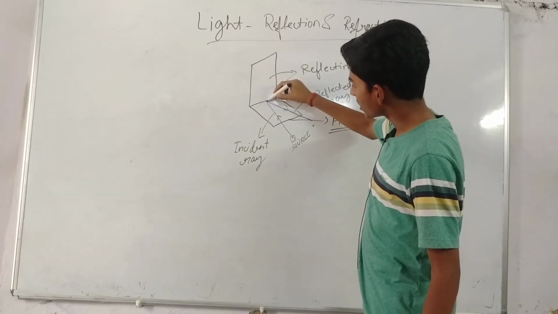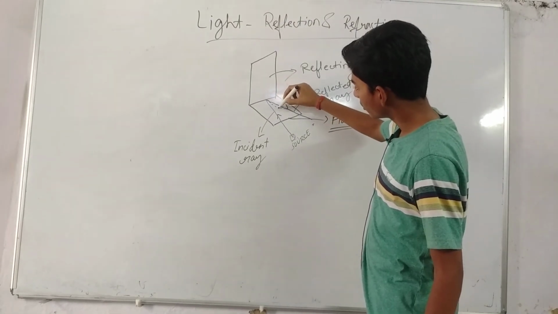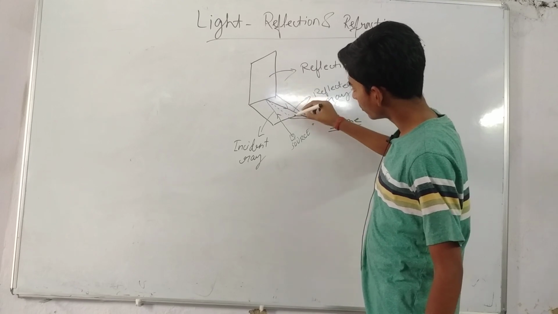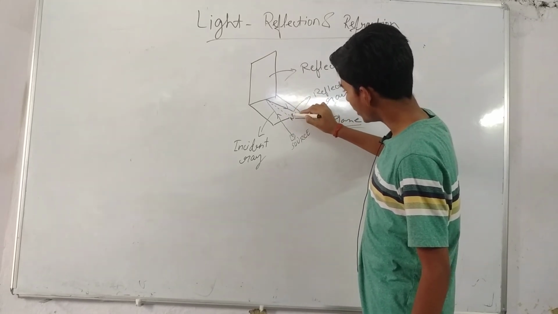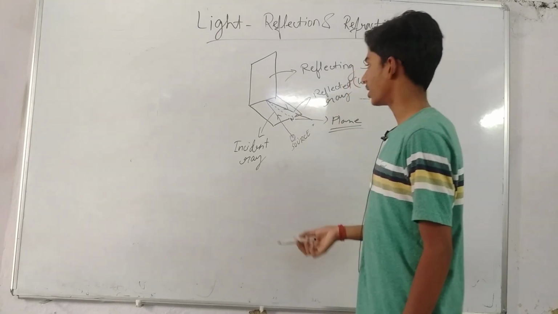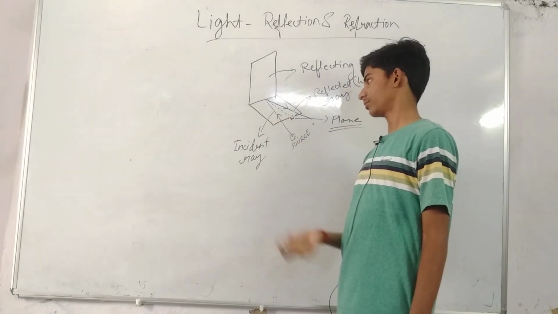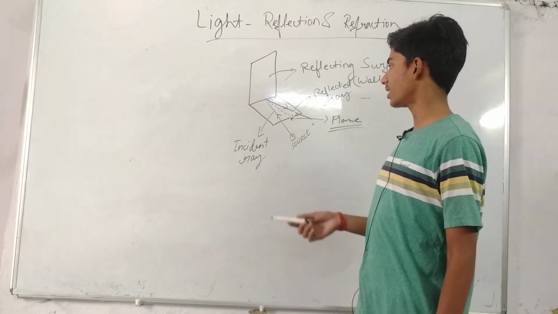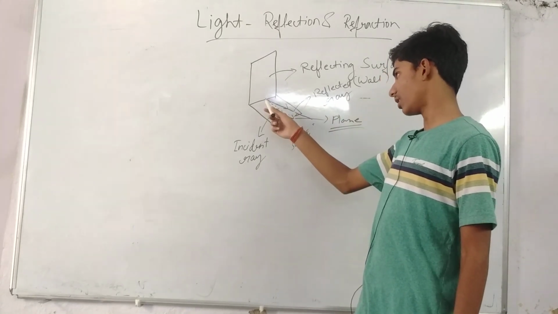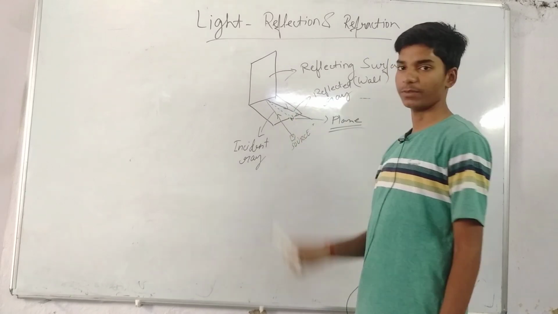What if we draw an imaginary line from here? We name it N. We draw a perpendicular to the surface from here. This is called the normal. It is a perpendicular imaginary line drawn from the intersection of the two rays to the surface.